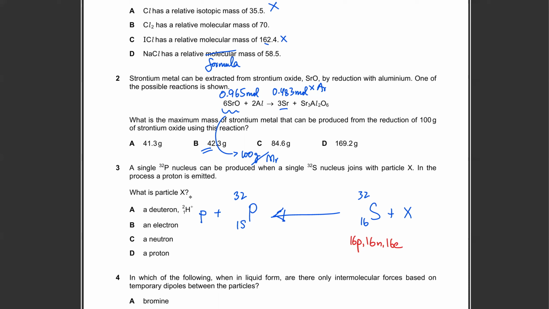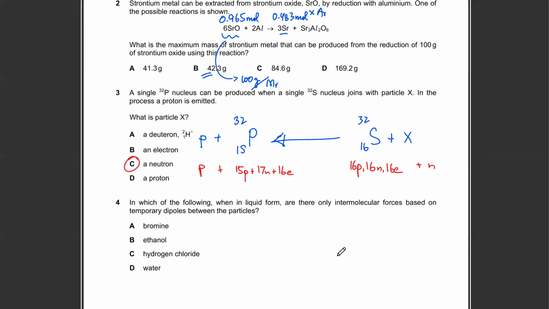What do you have over here? You got 15 protons. How many neutrons? 17? Yeah, and 17. You got another proton over here, right? So the protons add up to be 16. Yeah, you need an extra neutron, right? So that's the only thing that's missing. So it's C.